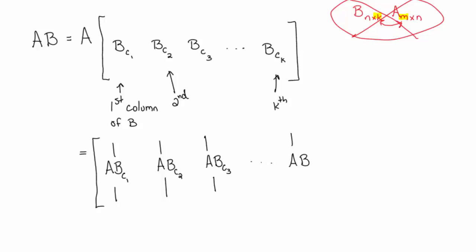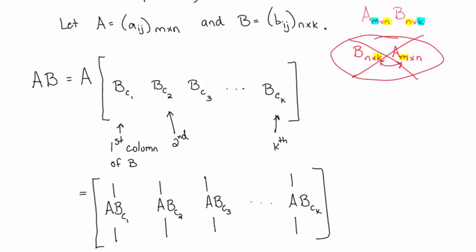So you get the kth column of B. You'll still keep the number of rows that A had because that always remains the same. But the number of columns we have here are K in the end.